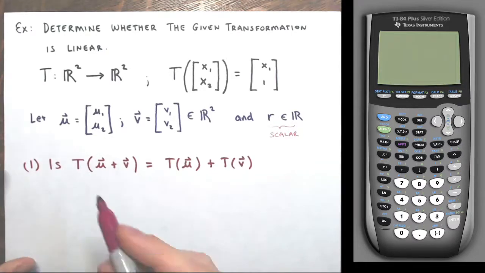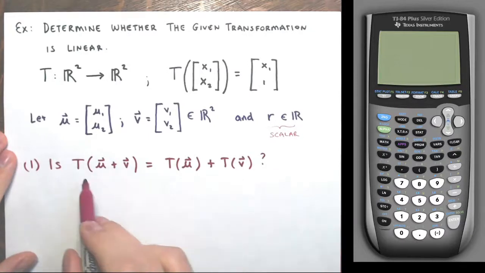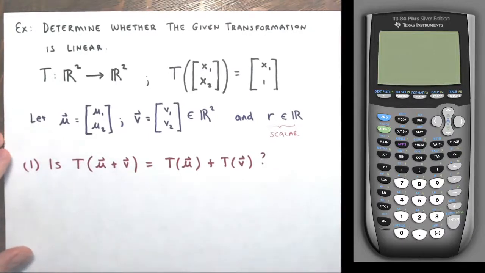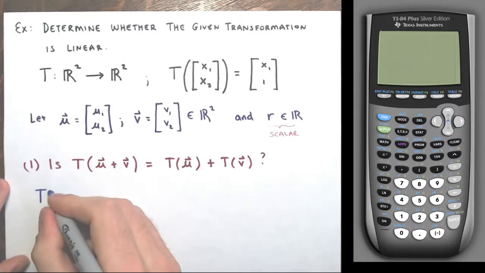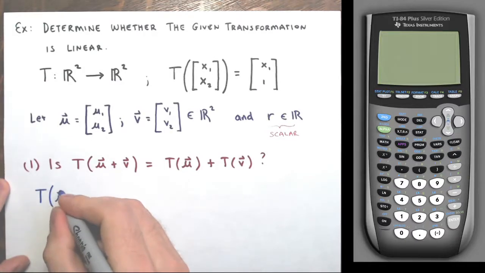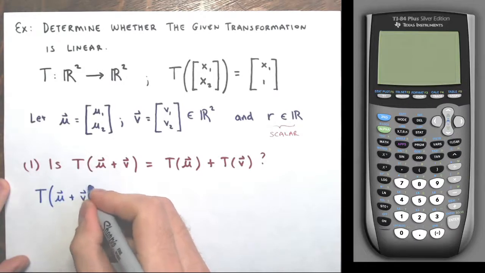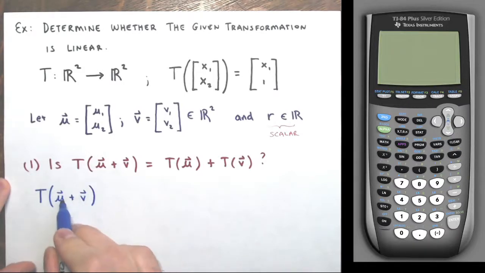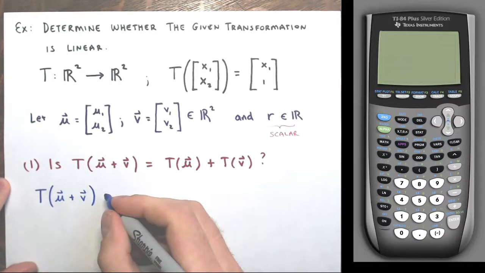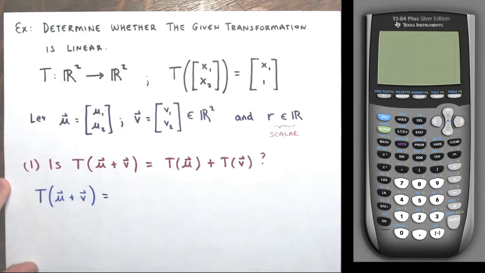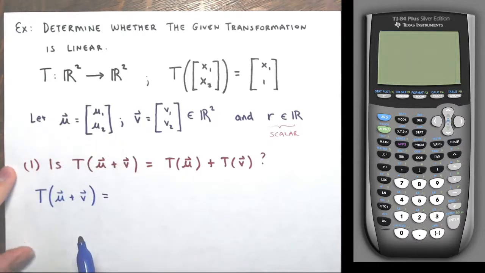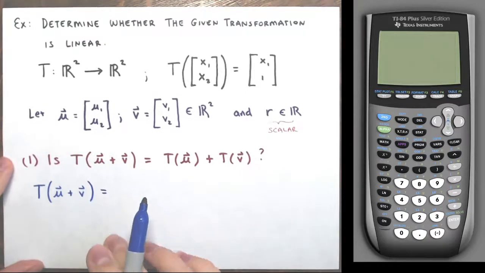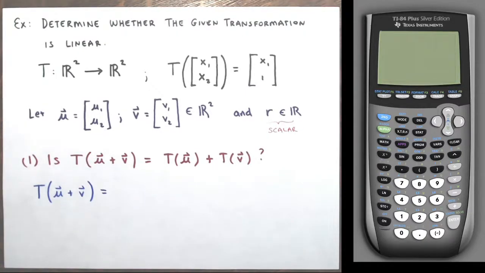All right, so let's see. I'm going to start with the left side here, the T of u plus v. In this one I'm going to add the vectors first. I'm working under standard operations, standard vector addition and scalar multiplication in Euclidean space.